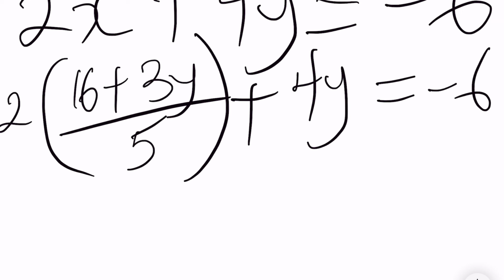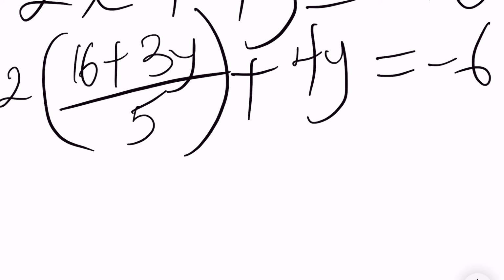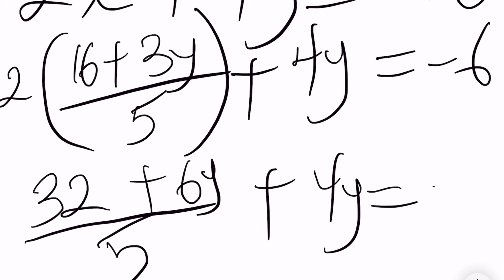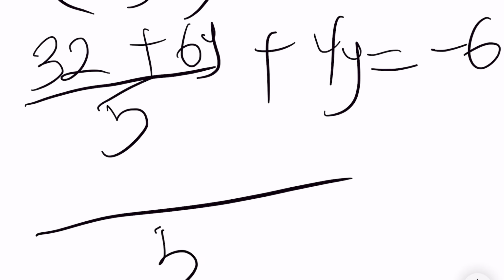So 2 times 16, we have it to be 32. So we have 32 plus 6y over 5 plus 4y equals minus 6. So here we can find the LCM.